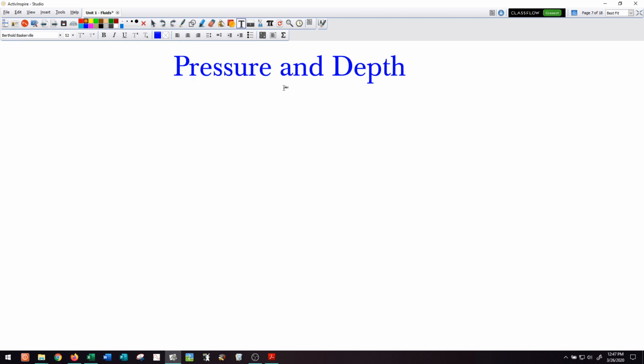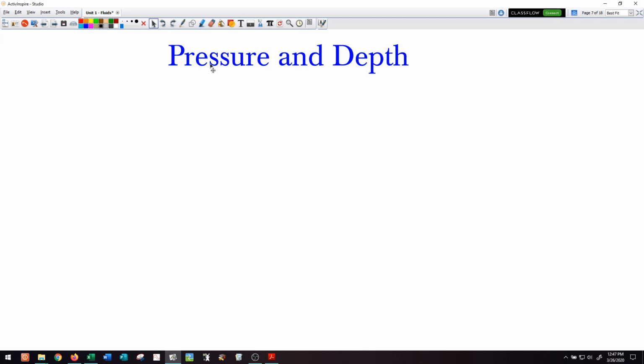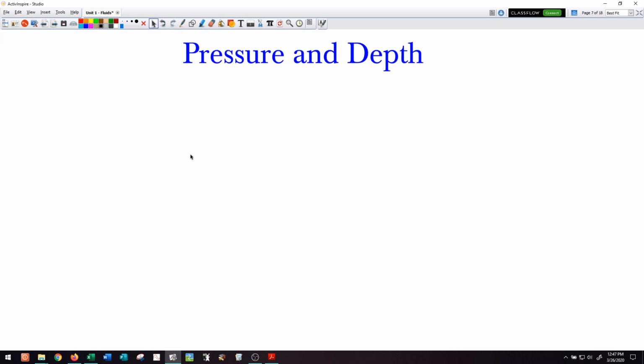Now, in cases of a fluid where it's a liquid form, pressure actually depends not only on the molecules moving in the container that it's hitting on, but it also depends on how tall that water column or that fluid column is.